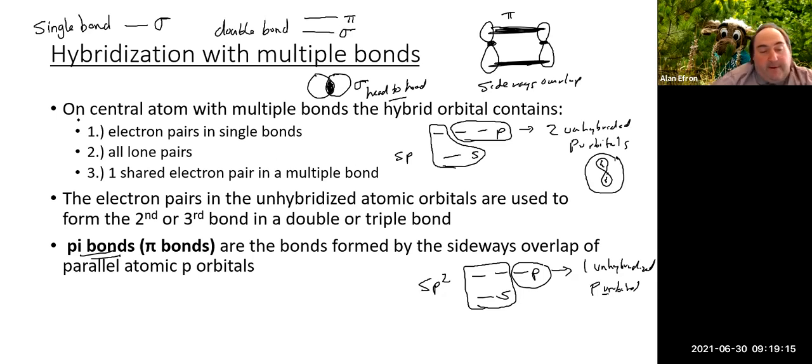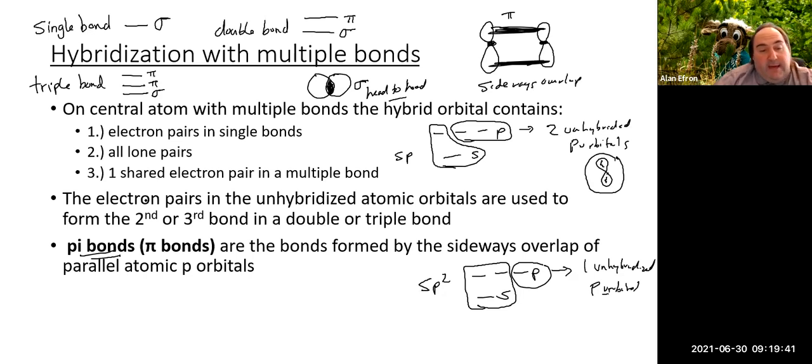Now, a triple bond, if you were to draw that in a Lewis structure, you would draw one line, then two lines, and then three lines. So you could follow the same process here. First line would be our sigma bond. Second line would be our pi bond. And the third line would be another pi bond.